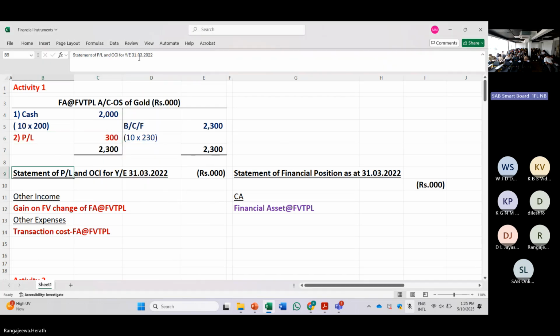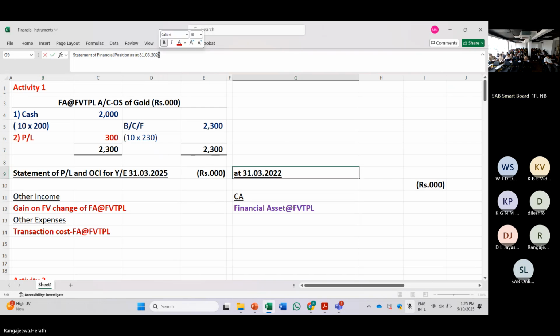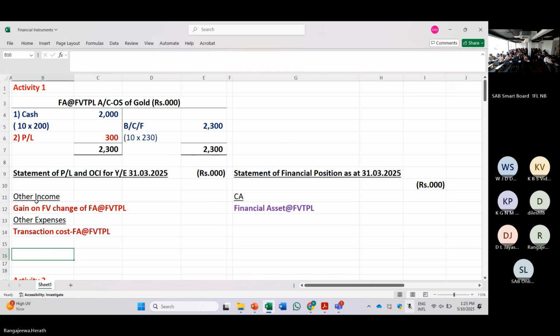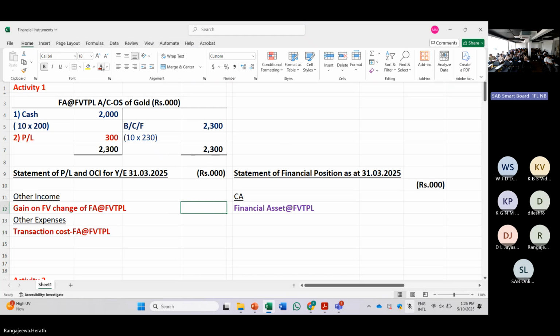Right? So in the statement of profit or loss for the year ending 31st March 2025, the gain on fair value change, you can record under other income, 300.